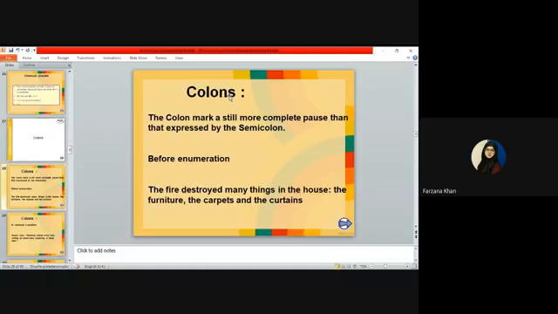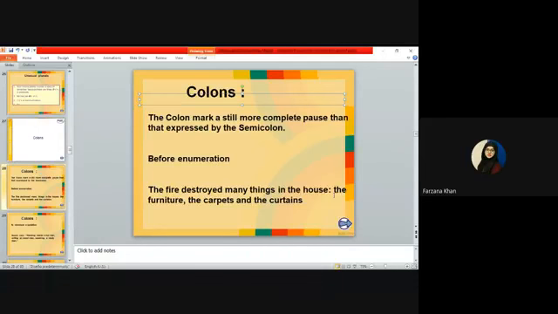First of all, colon is basically used before enumeration, meaning showing a list. When we use colon, it means that after the word, clause or sentence, there is something else, which is the explanation of the previous one. Let me explain with an example. The fire destroyed many things in the house.